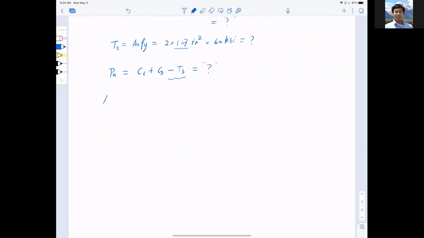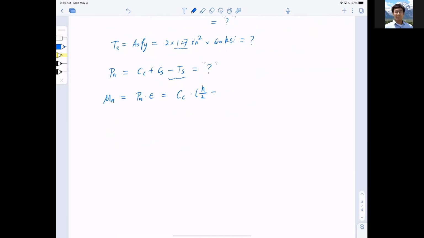How about the moment? So Mn equals what? Pn multiplied by eccentricity. Now we don't know the eccentricity yet, but we do know this equals the compression Cc multiplied by the distance between the compression and the center of the section. Be careful, the centroid is the center of the section.